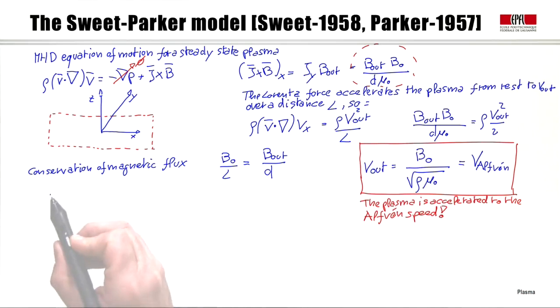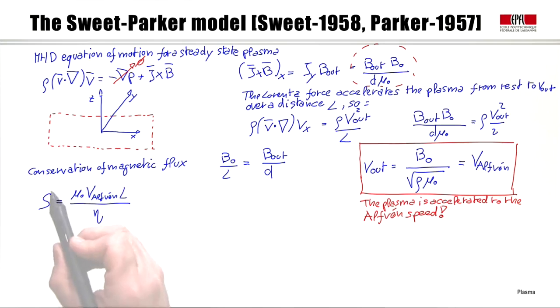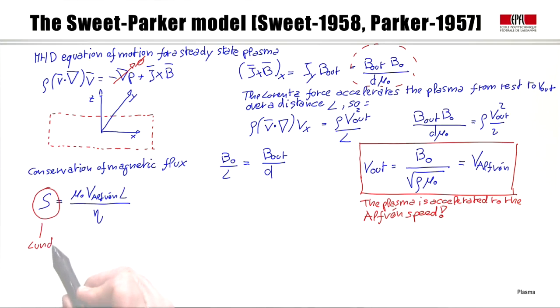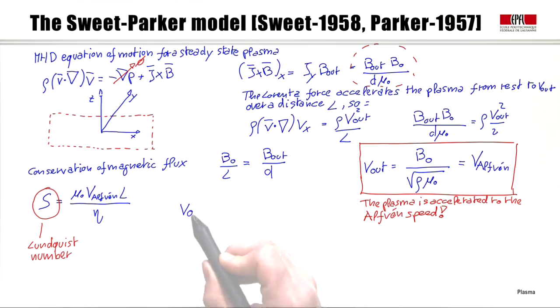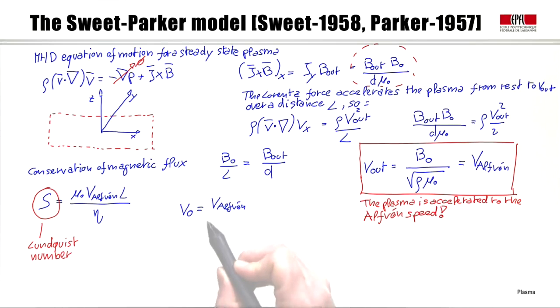If we now define the Lundquist number, which is a dimensionless number, and we recall the formulas that we have derived so far, we have fully characterized the current sheet in the Sweet-Parker model. In particular, we obtain that the inflow velocity is equal to the Alfvén speed divided by the square root of the Lundquist number, and the current sheet geometry defined by the ratio small d over L scales like 1 over the square root of the Lundquist number.